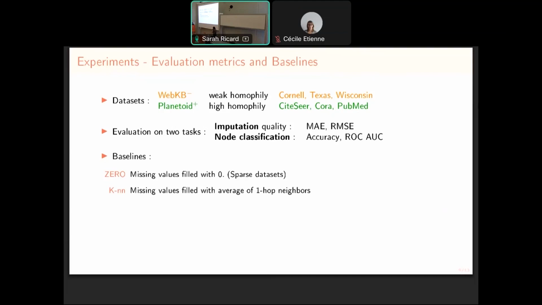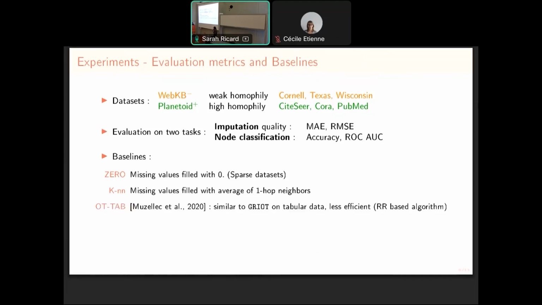As for the baselines, what we did was to evaluate GRIOT against 0. So this is just replacing all missing values by 0, which is relevant because most of the features are actually zeros in these data sets. They are very sparse. Then we tried imputing missing values by the average of the closest neighbors.